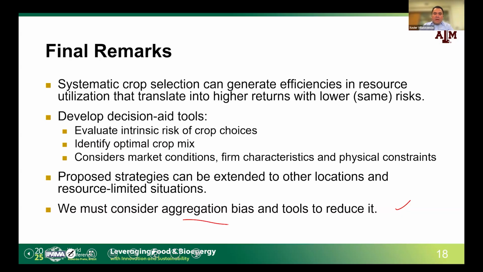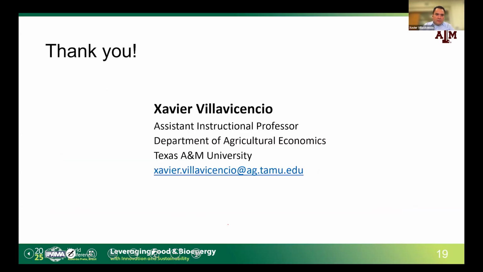When we have an aggregation bias, the results are a little bit different from what we have if we use individual farm data, because individual farm data has more variability. So we are working on some tools to reduce this aggregation bias in order to get a very good approximation of farm level information.